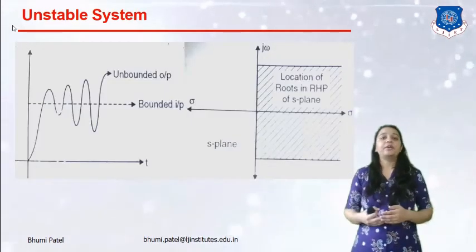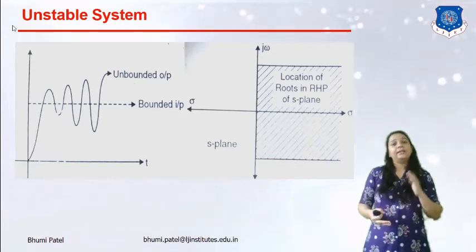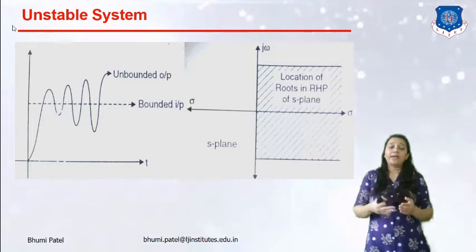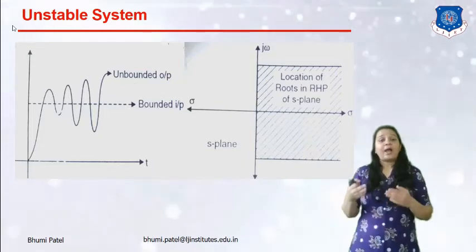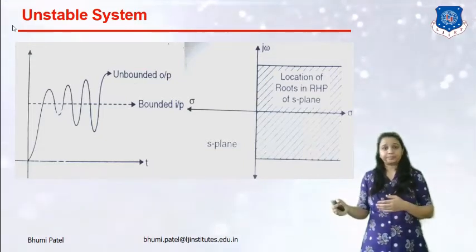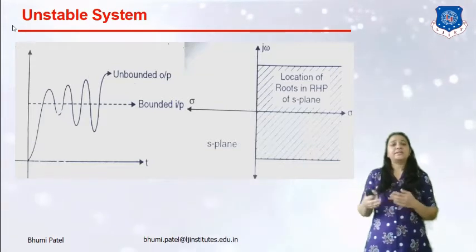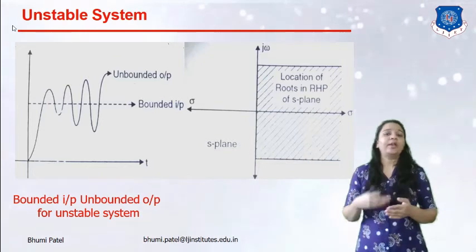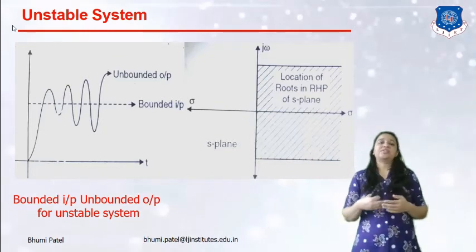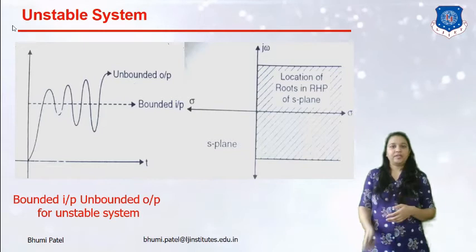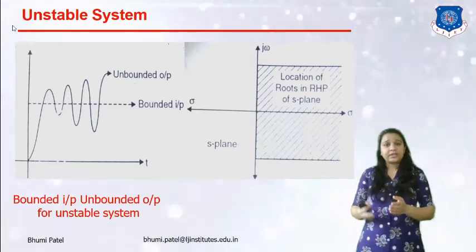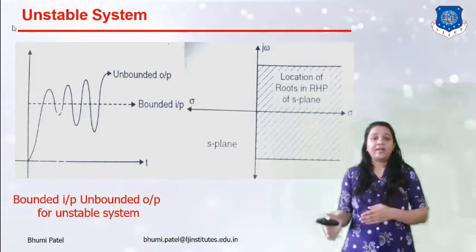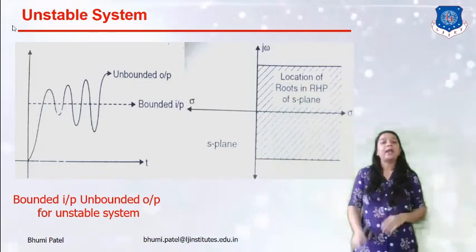In this figure you can clearly see on the left hand side that whenever a bounded input is given, we get an unbounded output. After infinite time, we get oscillation of this system. So bounded input, unbounded output: that type of response is for the unstable system. In the unstable system, the roots are always in the right hand side of the S-plane.